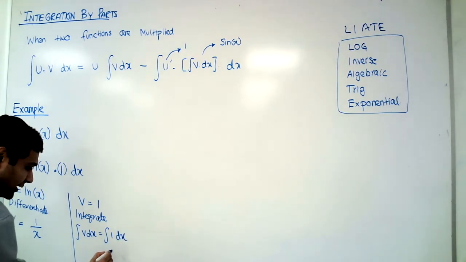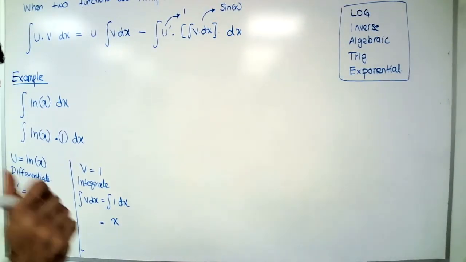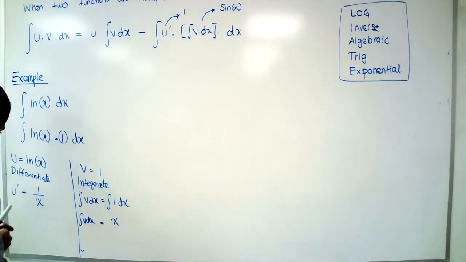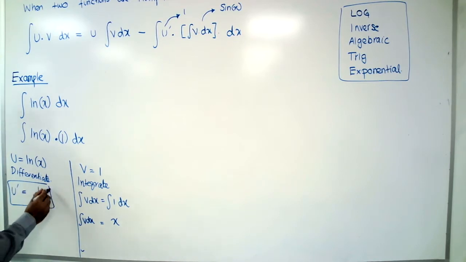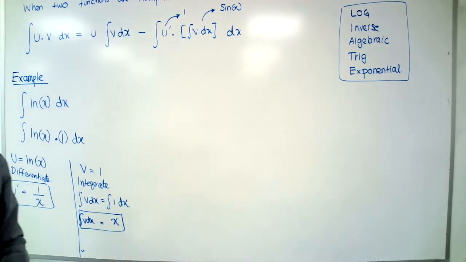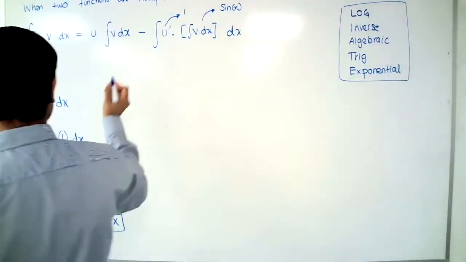So that will be how much? x, isn't it? The integration of this thing is x. So I have two things: I have that thing and I have this thing. Now I'm going to put that in this formula straight away.